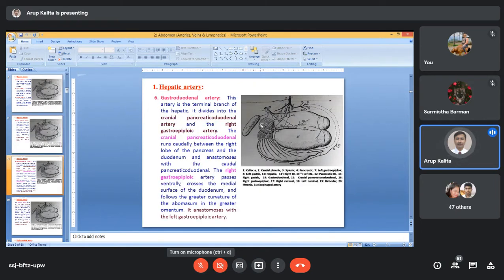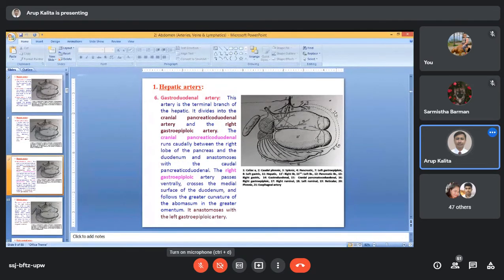Number 6 is the gastroduodenal artery. Here you see number 14, this one. This gastroduodenal artery will come down, and after that it will divide here, 15 and 16.